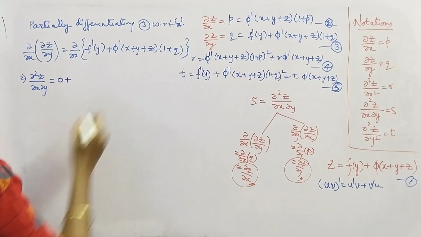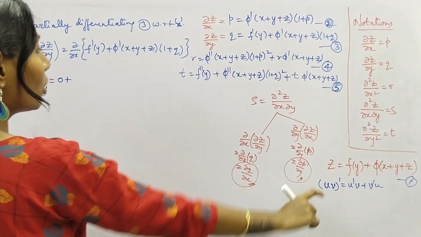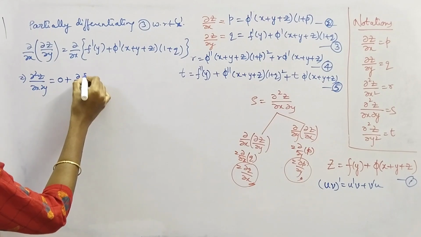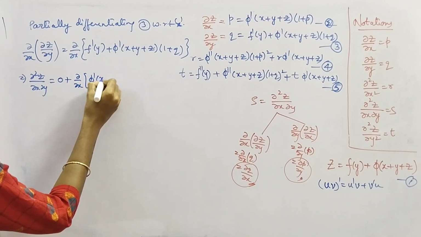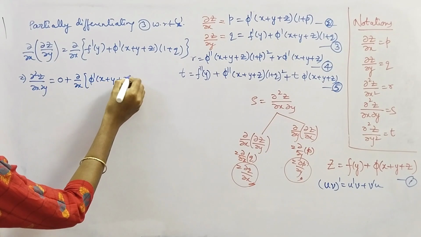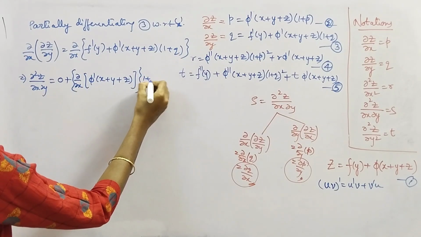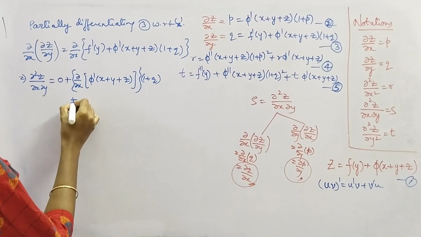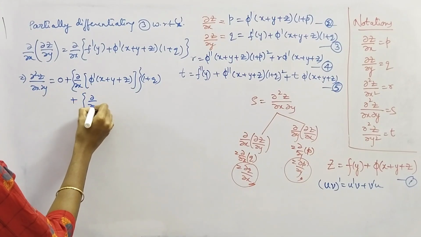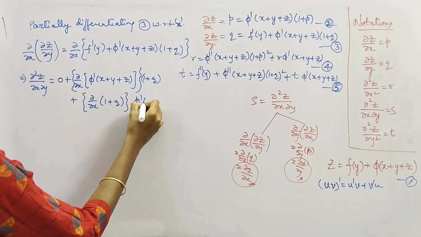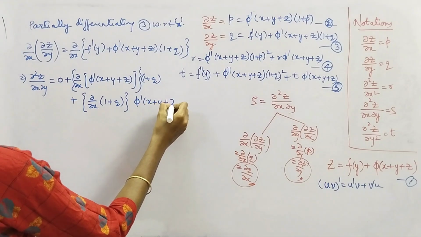Plus here you're having two terms, so we are going to apply the uv whole prime formula. Dou by dou x of phi dash of x plus y plus z into 1 plus q, plus dou by dou x of 1 plus q into phi dash of x plus y plus z.